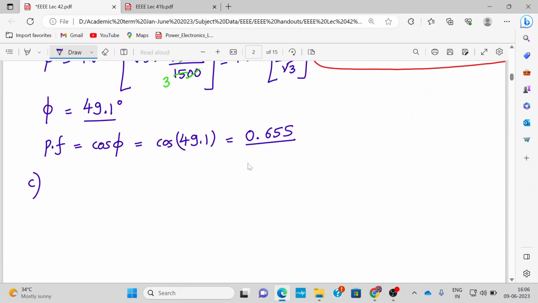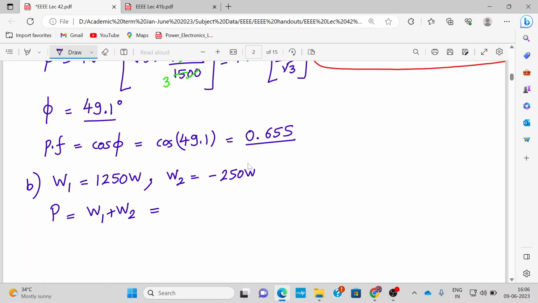Alright, so here it's the B case. W1 is 1250 watts and W2 is minus 250 watts. First of all, the total power supplied by the two wattmeters will be W1 plus W2, that is 1250 minus 250, which comes out to be 1000 watts.